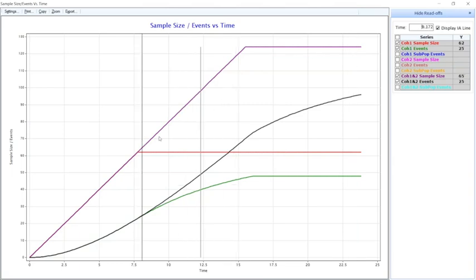So you can see here, if I move the vertical cursor left to right and reach, for example, the point where my interim analysis is supposed to take place, 40 events, which is close to 12 months, I would see that by that point all my sample size for cohort 1 has already been attained, because the sample size for cohort 1, which is this red line, actually gets attained at this point, at around 7.8 months.